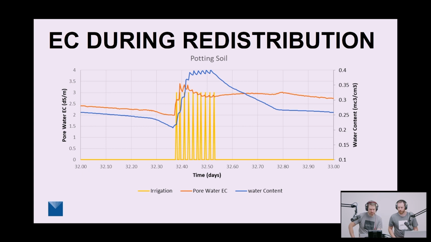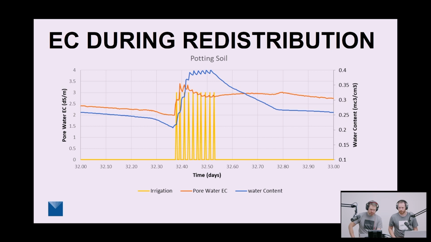And you can see that initially, as the irrigation starts, the electrical conductivity, or water electrical conductivity, increases. And this is an indication that the plants have used up nutrients from the substrate solution, and so the irrigation event replenishes those nutrients.